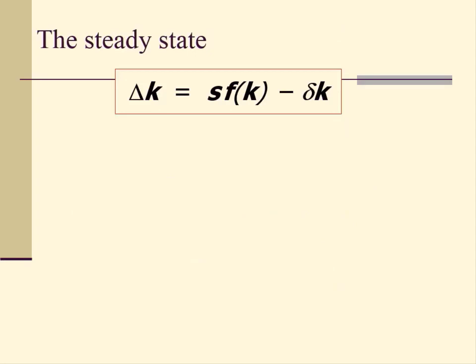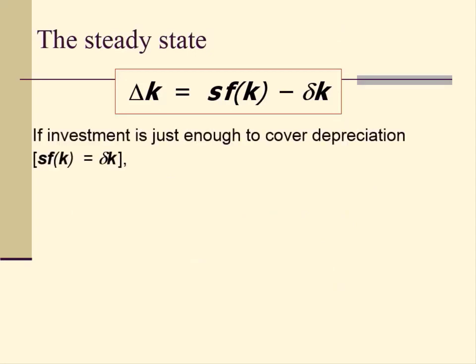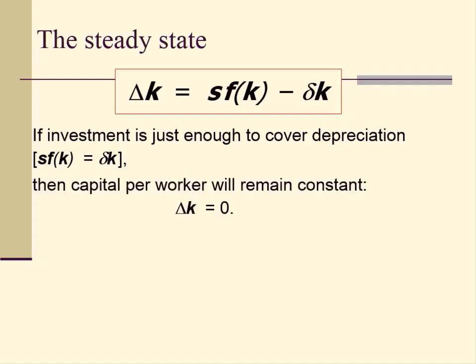Now let me introduce the steady state. That is, if investment is just enough to cover depreciation, in other words, s times f of k equals delta k, then capital per worker will remain constant, as the change in capital stock per worker equals 0.